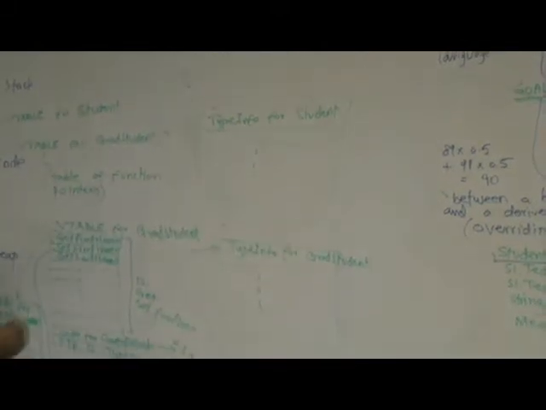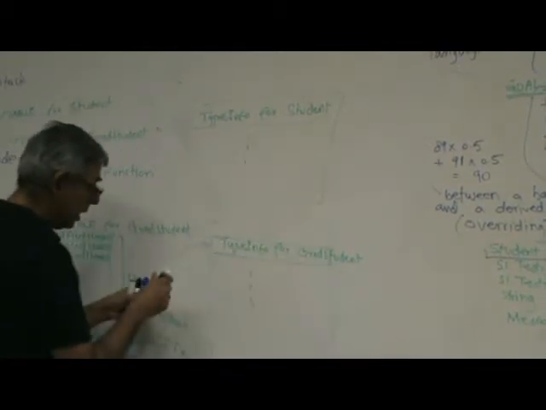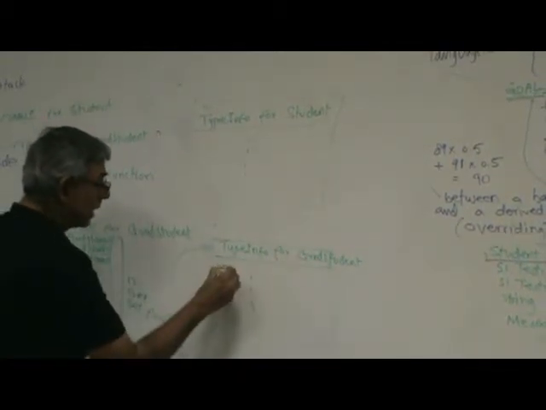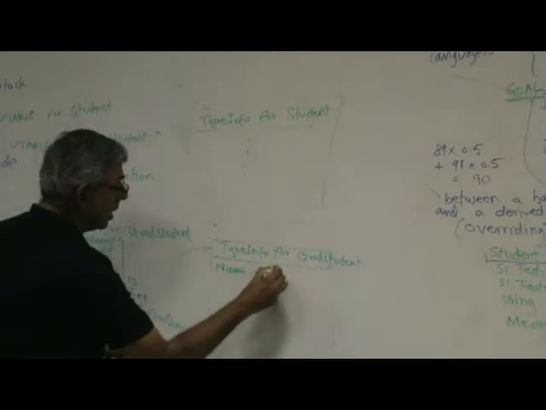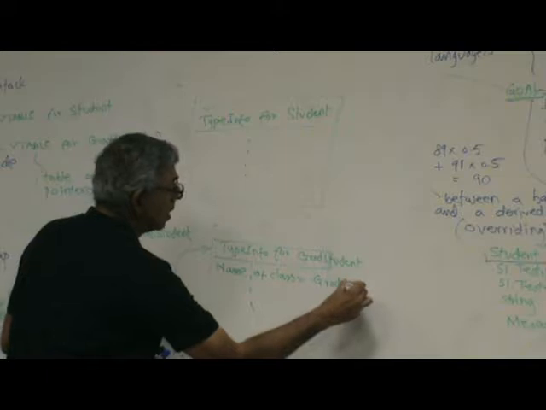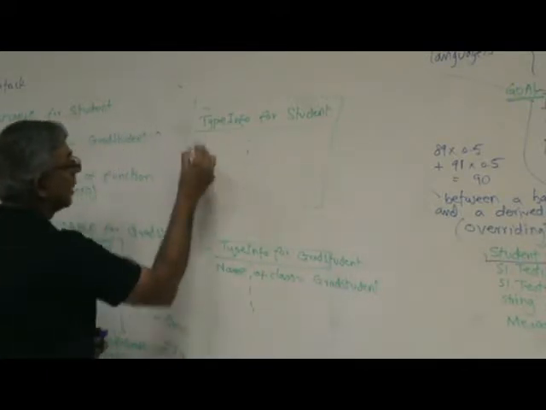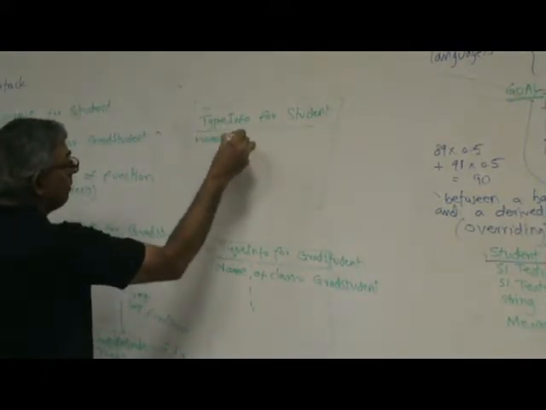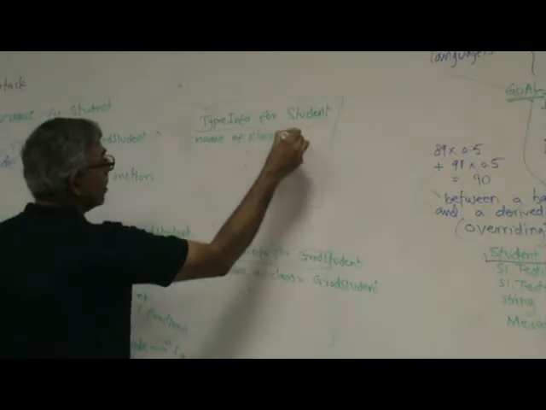One of the pieces of information in the type info part will be the name of the class. Name of class equal to grad student. For example, over here we'll say name of class equal to student.